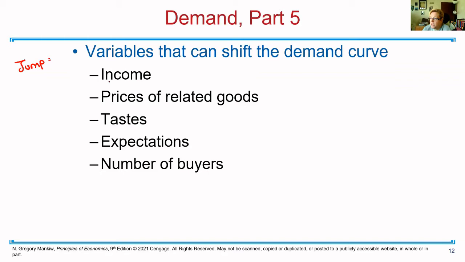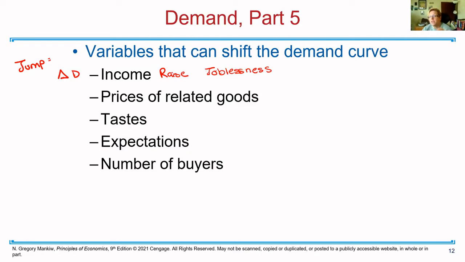The first one we're going to talk about is income, right? So if you get a raise, or if you lose your job, prices don't change, but your demand changes. So this would be a change in demand, right? Prices of related goods. What if you have batteries that go on sale? Are you battery conscious?